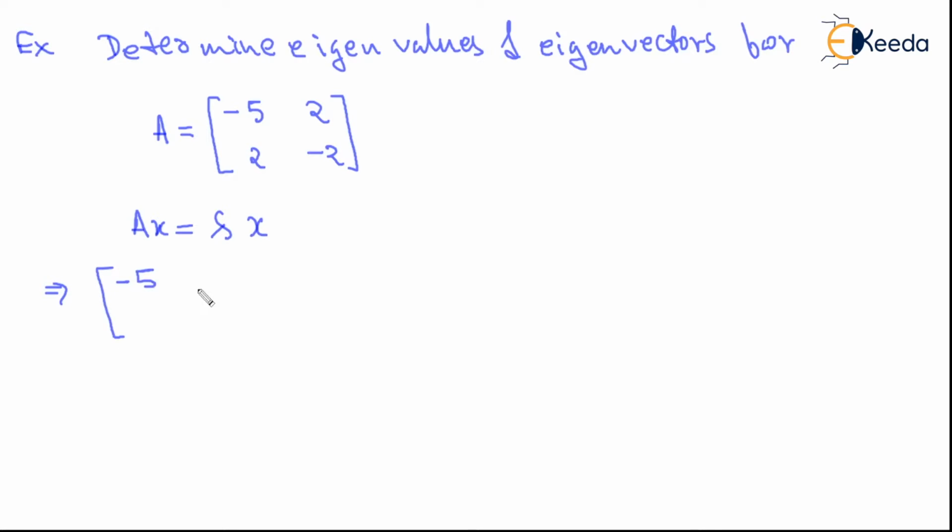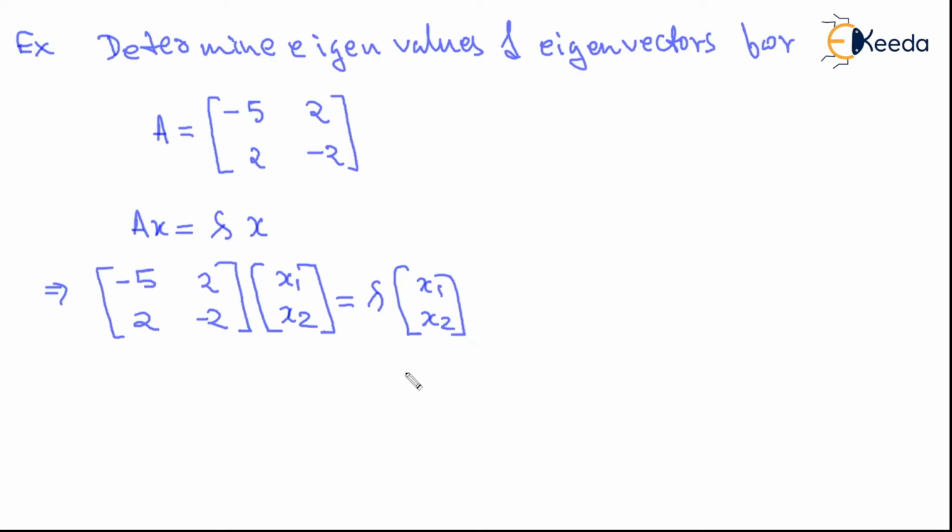This is [-5, 2; 2, -2] times, let's say, [x1, x2] is equal to lambda times [x1, x2]. And the characteristic equation is determinant of A minus lambda I equal to 0.